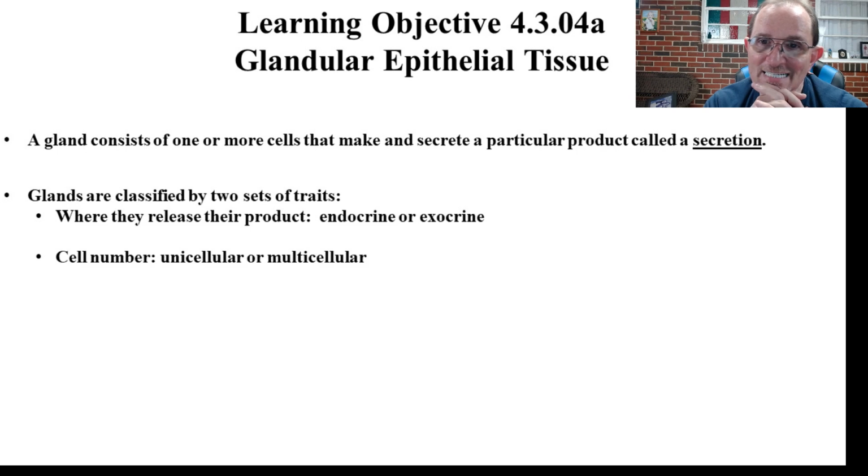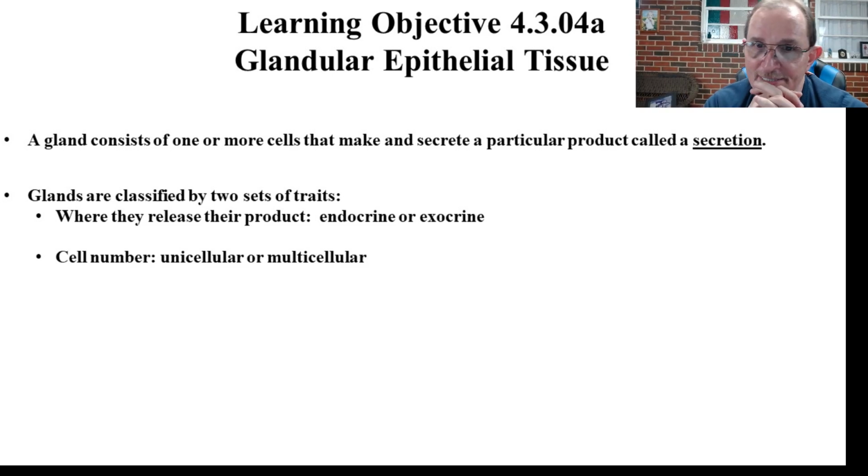Glandular epithelium. So we said epithelium could make these sheets, or they could also be a gland that produces things. Now we've got two types of glands: an endocrine gland or an exocrine gland. We can also have a gland that is just one cell, or one that has more than one cell.